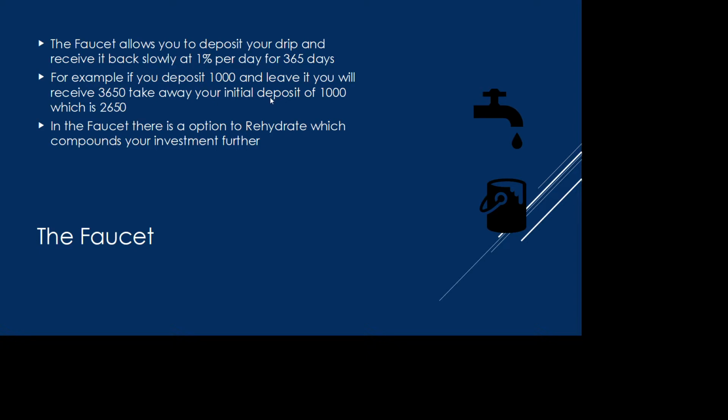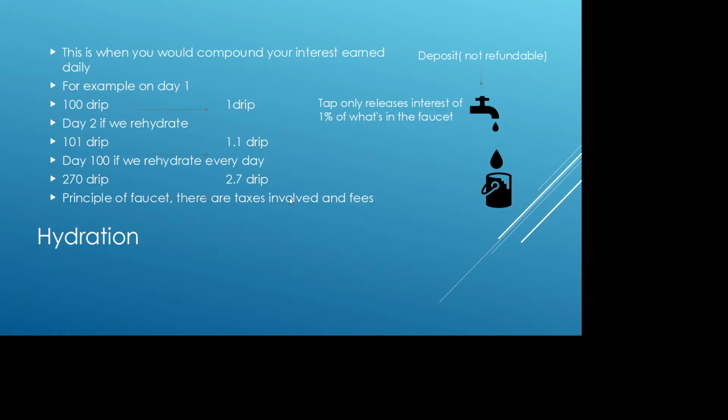You would receive 3650, take away your initial deposit, which is 2650. That's with no rehydration, no compounding, and these are just ballpark figures because there are a few fees and taxes with the Binance chain.